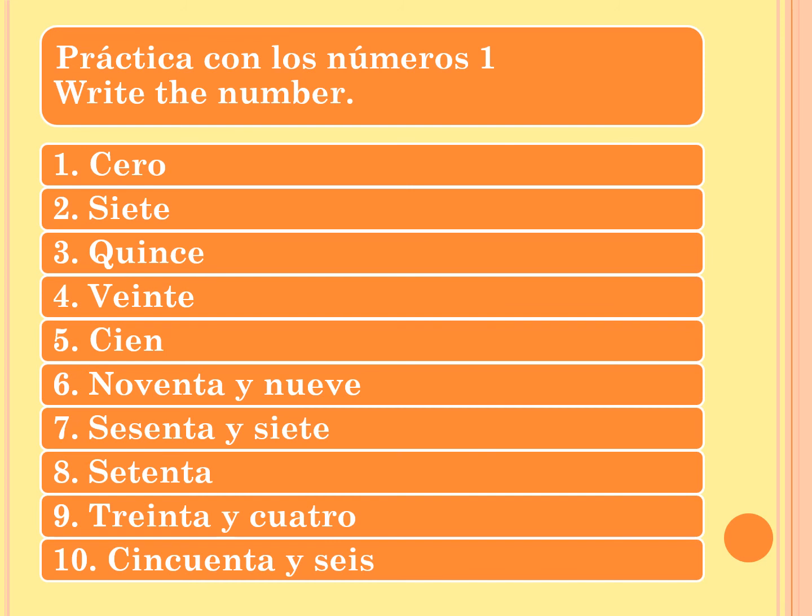All right, here's your answers. Cero is 0, siete is 7, quince is 15, veinte is 20, cien is 100, 99 is noventa y nueve, sesenta y siete is 67, setenta is 70, treinta y cuatro is 34, cincuenta y seis is 56.